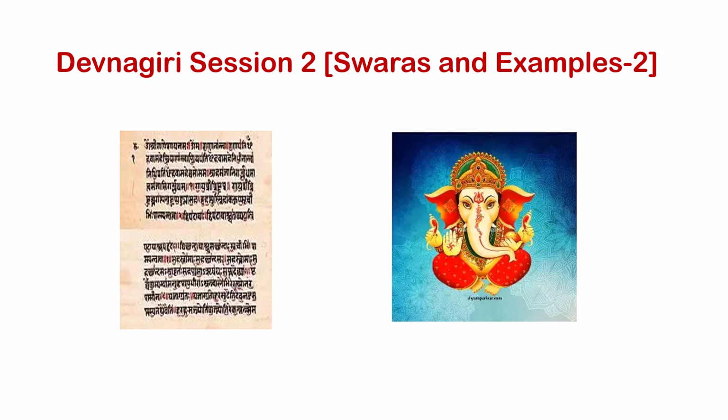So from A we saw many words: ekadantah, ekam, ekah, eshah, esha, etad, and so on, ekadashi. Next is I. Next akshara is I. Again you write it same as A, put a small line.